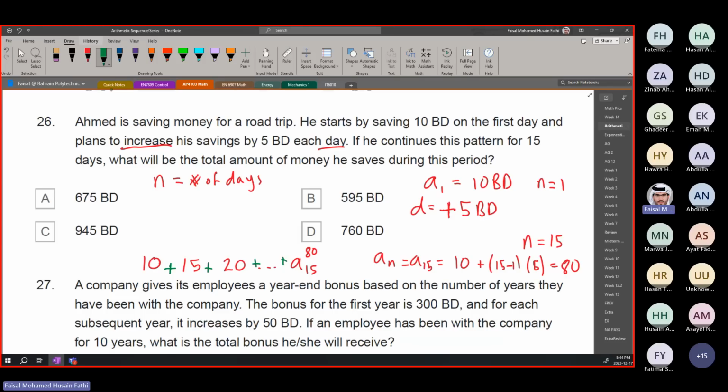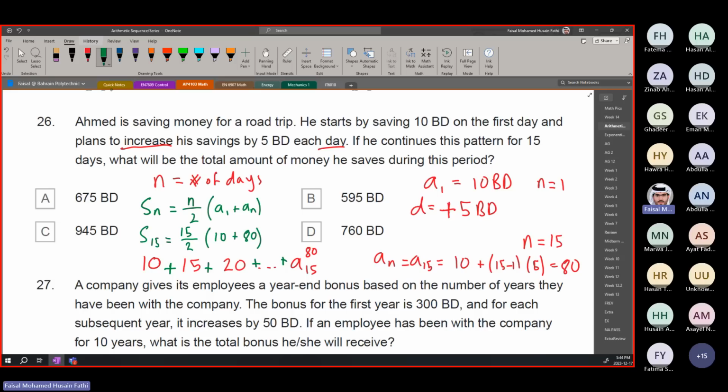So we need to find our Sn, which is n divided by 2 times a1 plus an. In other words, S15 is equal to 15 over 2 times a1, which is 10, plus a15, which is 80.